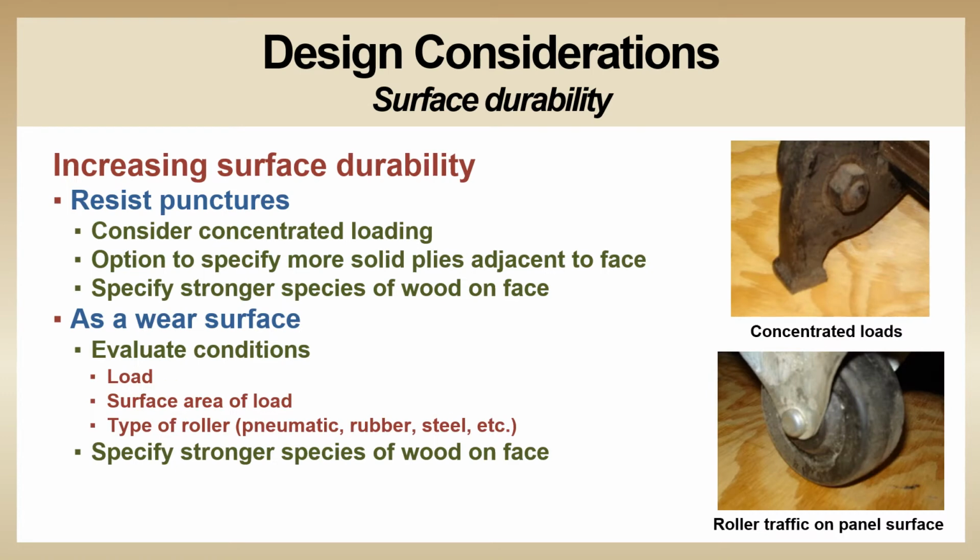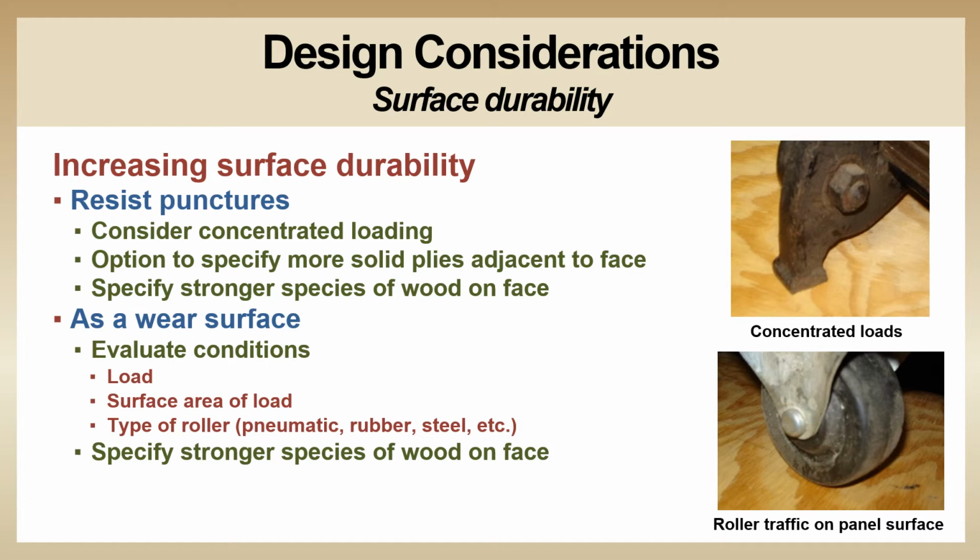When considering the durability of the surface of the panels, potential loading conditions need to be considered. If concentrated or point loads are anticipated, panels can be manufactured that are more solid or homogeneous, like OSB, or a grade such as underlayment in plywood that has a more solid second ply supporting the face.